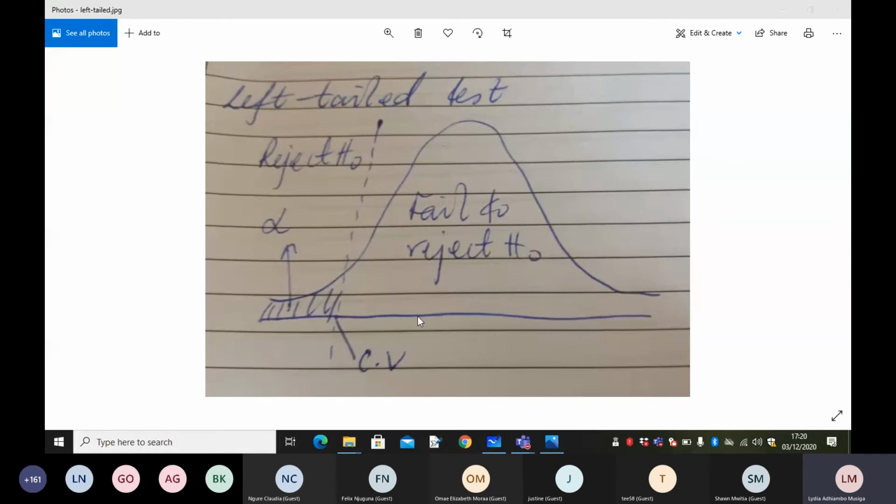And so, if our test statistic falls in the non-rejection region, then we shall fail to reject H0. So this is how a left-tailed test's rejection and non-rejection regions look like.